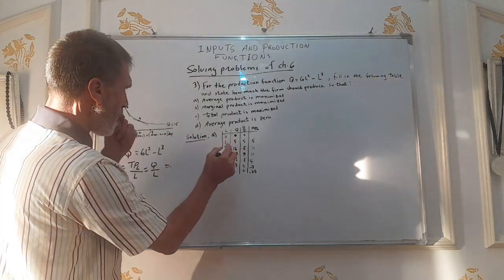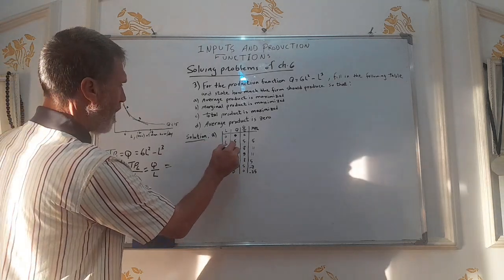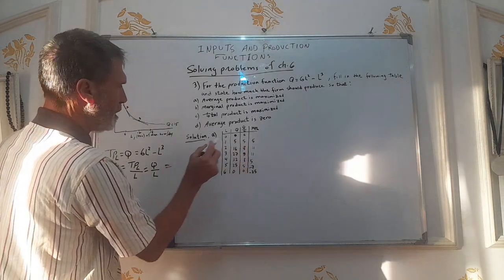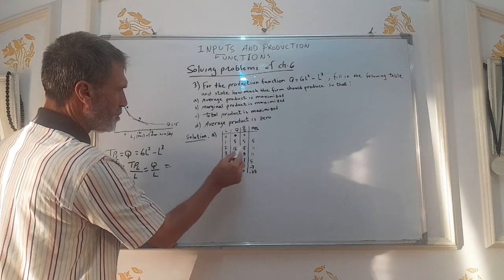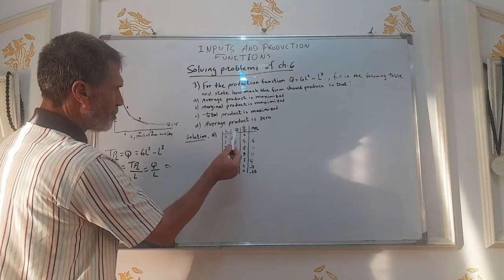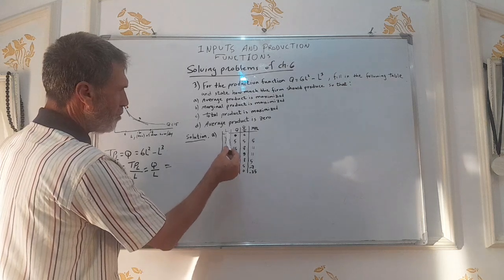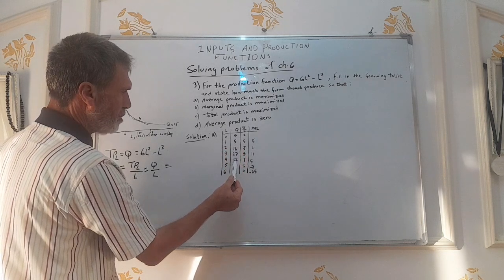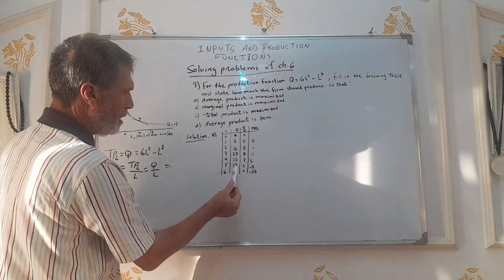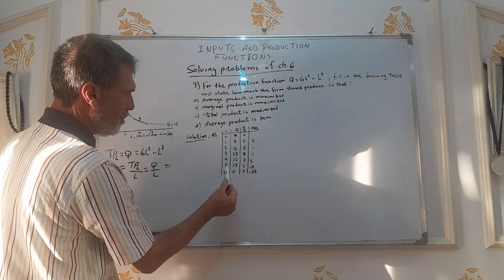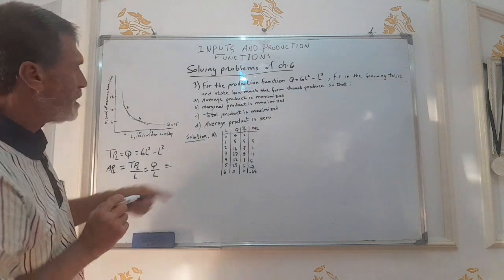When L equals 1, the average product is 5 over 1, which is 5. When L equals 2, we divide Q, 16 over 2, to get 8. When L equals 3, we divide 27 over 3 and get 9. When L equals 4, we divide 32 over 4 and get 8. When L equals 5, we divide 25 over 5 and get 5. And here we divide 0 over 6 and get 0. Now, what about the marginal product of labor?